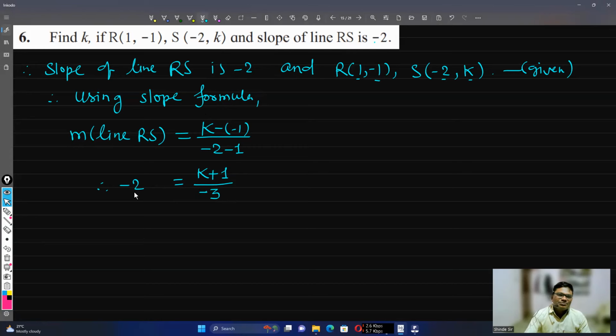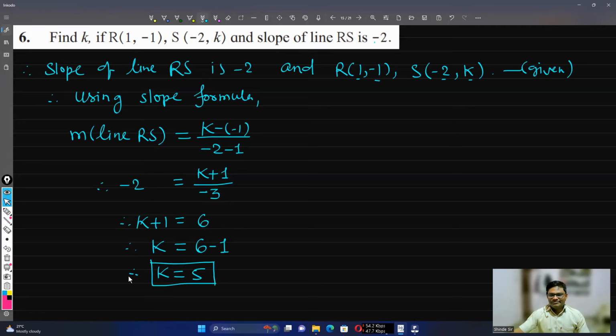Now perform cross multiplication. Therefore, k plus 1 equals minus 2 times minus 3, which gives positive 6. Therefore, k equals 6 minus 1, that is k equals 5, and that's the value of k.